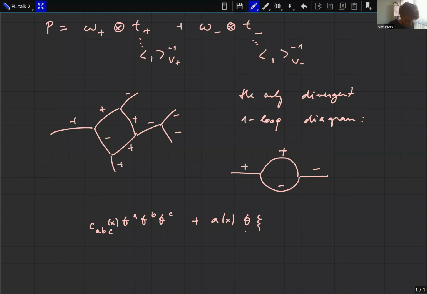So now there are fields that correspond to thetas. There are also fields that correspond to those xi's, and there is a vertex for going between theta and xi. So the diagrammatics is slightly more involved, but there is only this one type of vertex of this form.